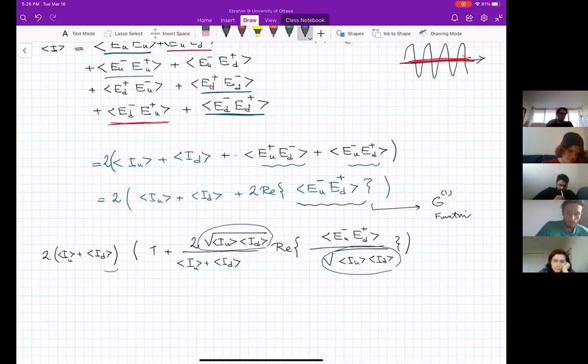I also factored out the sum of the two intensities.